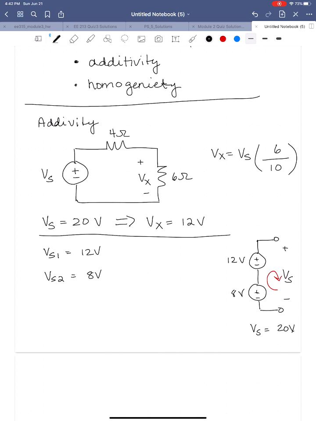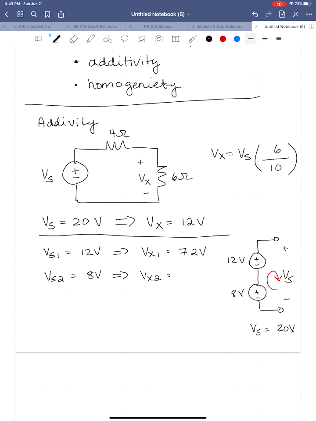Okay, so if we look at Vx1 and Vx2, the values of Vx as a function of two values of Vs, we'll have that Vx1 is going to be 7.2 volts. I'm just plugging 12 in for Vs into that expression.